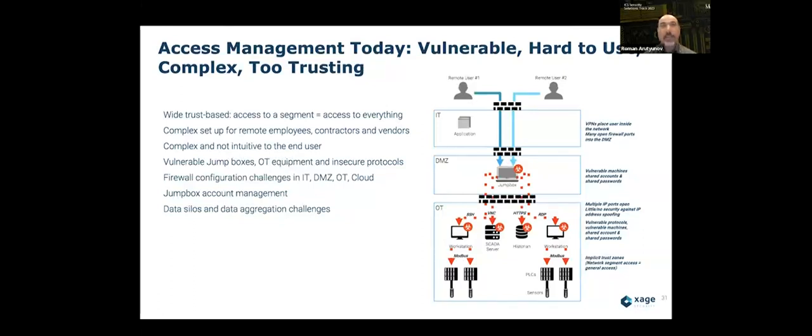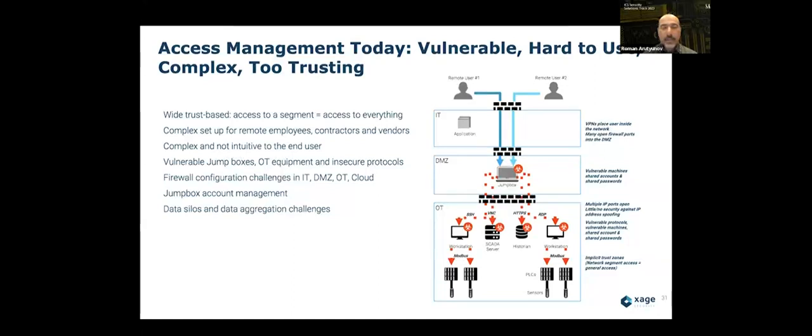It takes 6 weeks plus to get a new firewall rule added for a new application to be deployed or for a remote user to have access to the environment. It's just way too complex and slowing down business growth and digital transformation.